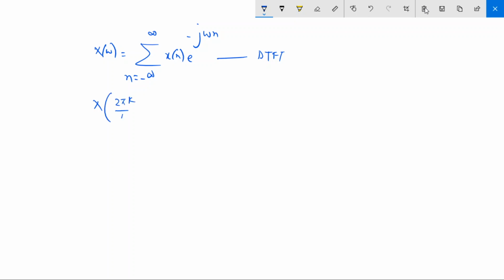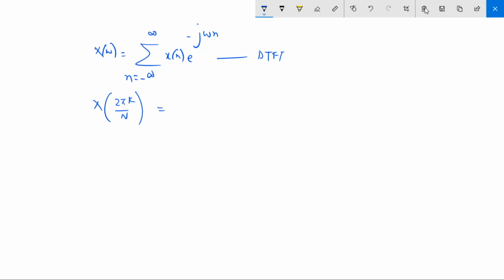So what we have done, we have taken first X omega, which was summation of x of n e raised to power minus j omega n. This is your DTFT. And then we have sampled it. We have taken equidistant samples in the frequency domain with a spacing of 2 pi by n.